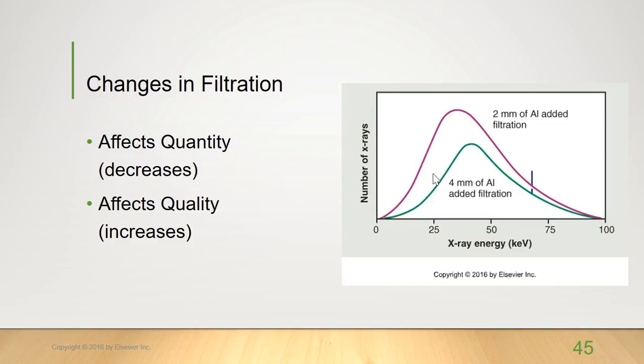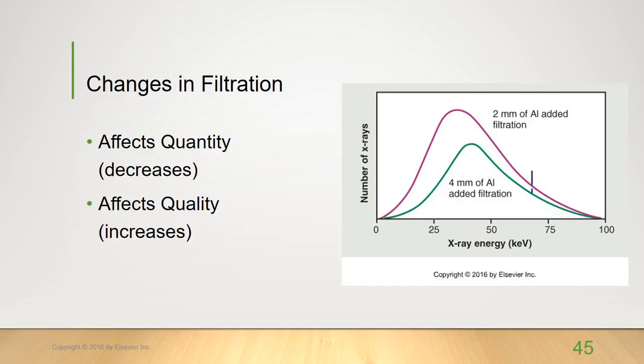If you change filtration, the addition of tube filtration or introducing more efficient filtration removes photons from the beam. Everything remaining constant, an increase in filtration causes a decrease in quantity but an increase in quality. So notice here we added filtration, so it decreases this, but look at it increase the energy level of it.